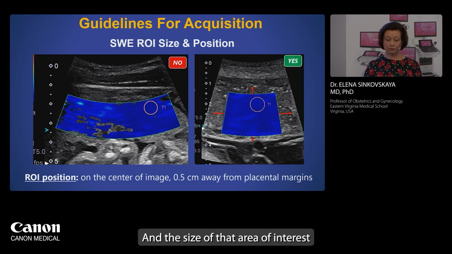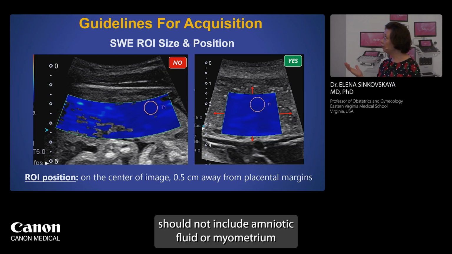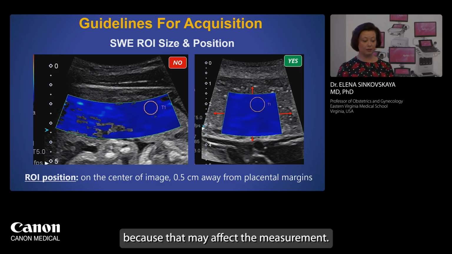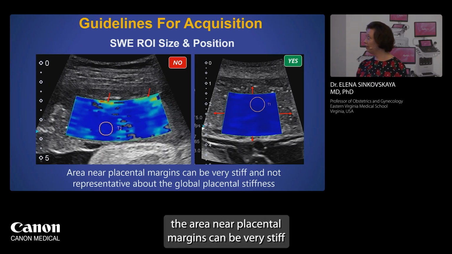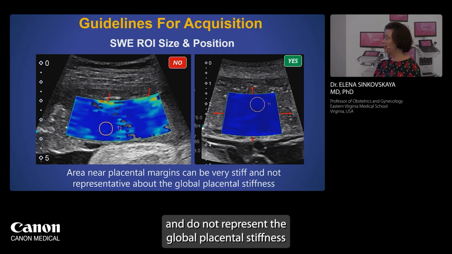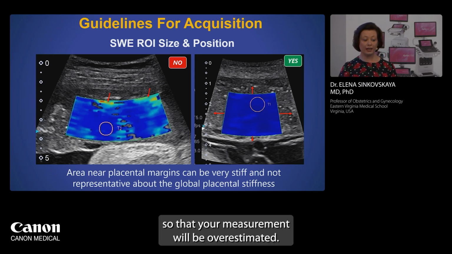The size of that area of interest should not include amniotic fluid or myometrium because that may affect the measurement. The area near placental margins can be very stiff and does not represent the global placenta stiffness, so your measurement will be overestimated.